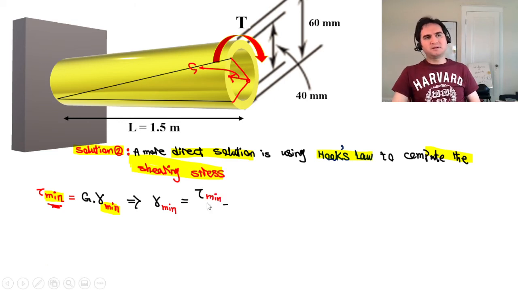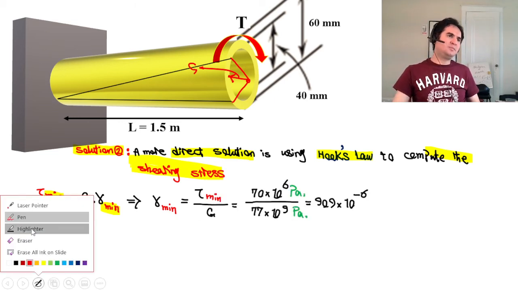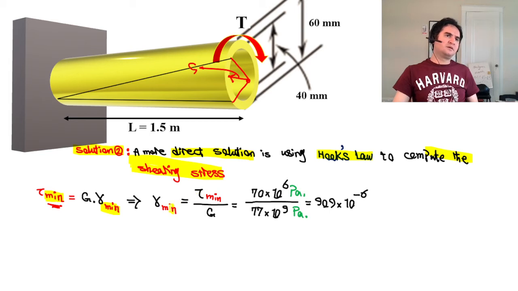In that sense, gamma minimum is tau minimum over G. Tau minimum is provided, G is provided, and we get the value for gamma minimum.